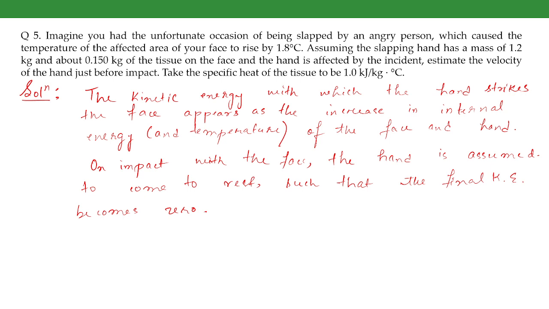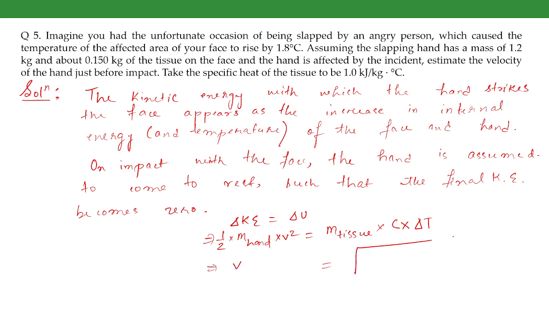I mean, not a change in the total energy, there is a change in the form of the total energy, that is the kinetic energy is being converted to the internal energy. So delta kinetic energy is equal to delta U. Okay, so half into mass of the hand with which you are slapping into velocity square equals the mass of the tissue that is being affected, m, c, where c is the specific heat of the tissue, and delta T. Okay, so what is the velocity?